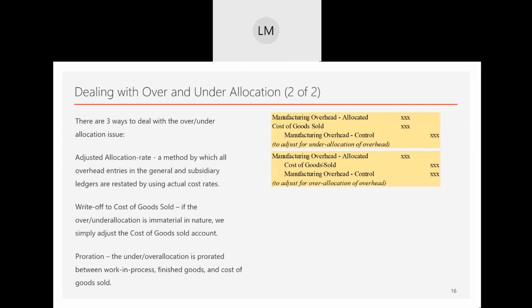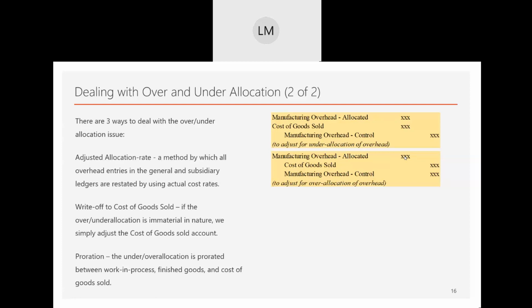Well, I'm still going to debit manufacturing overhead allocated. Now, why am I debiting that? Well, remember, our manufacturing overhead that's allocated has a credit balance. So in order to get that to a zero balance, I've got to debit it for the total amount that has been credited to date.